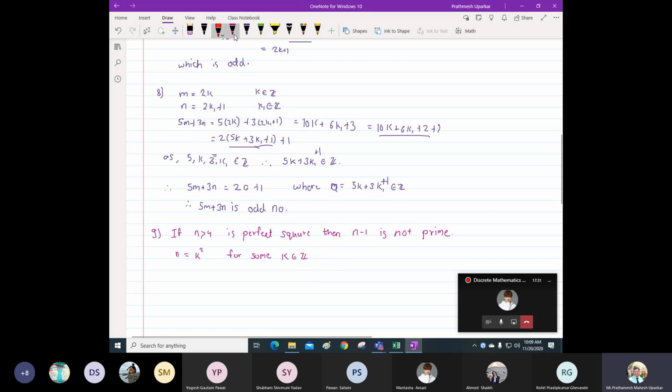Okay, so let me think. If n is equal to k square, what will be n minus 1? If n is equal to k square, then n minus 1 will be k square minus 1. What is k square minus 1? Can you factorize here? What is a square minus b square?